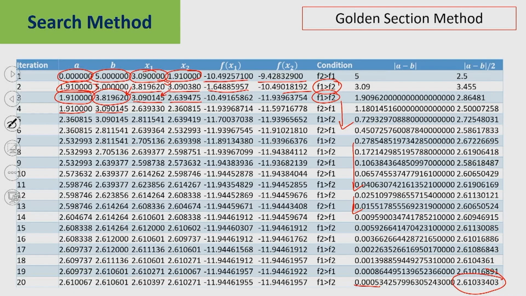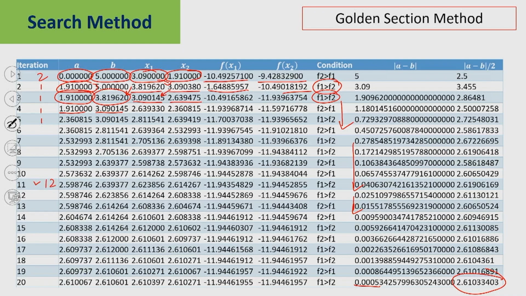Now, if you compare the function evaluations, in the first iteration I am doing 2, and then in every iteration I am calculating just one function evaluation. That means if you go up to the 11th iteration, how many function evaluations have you done? That is 10 plus 2, so 12 function evaluations.